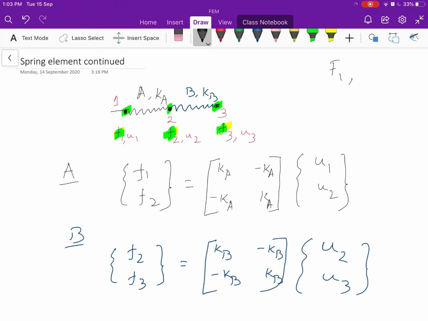Similarly, the total force which is acting at point 2 may be considered to be F2, and the nodal force which is acting at 3, when we consider the combined effect of all the forces, can be considered as capital F3. Instead of small f3, it may be considered as capital F3.